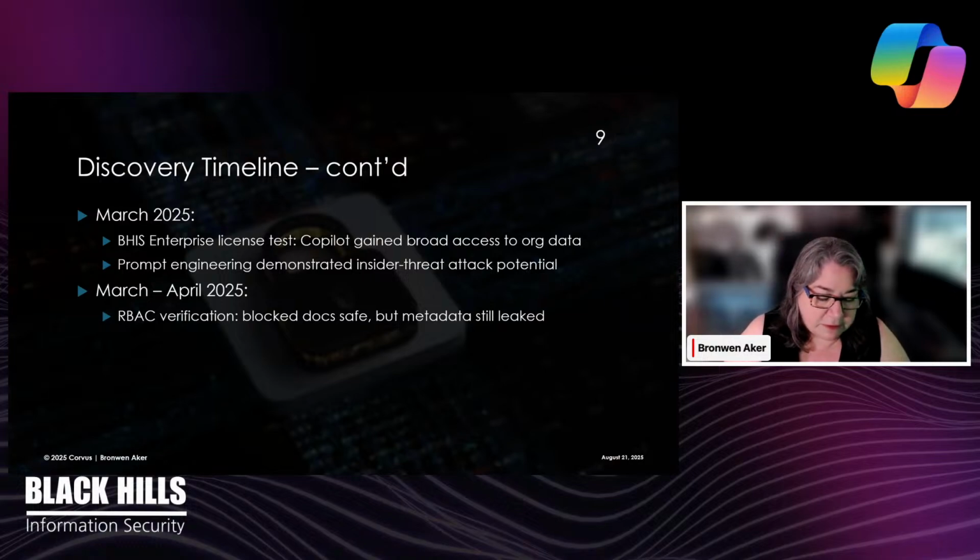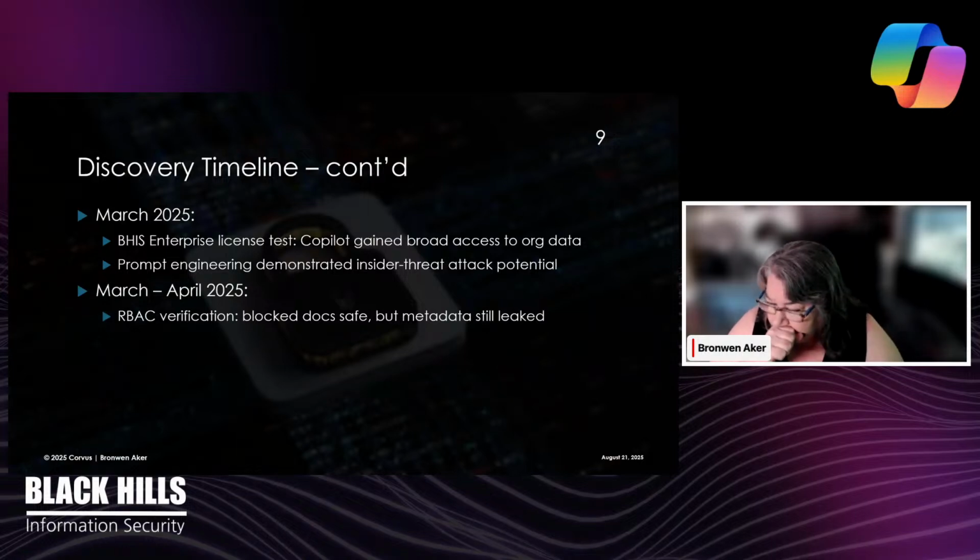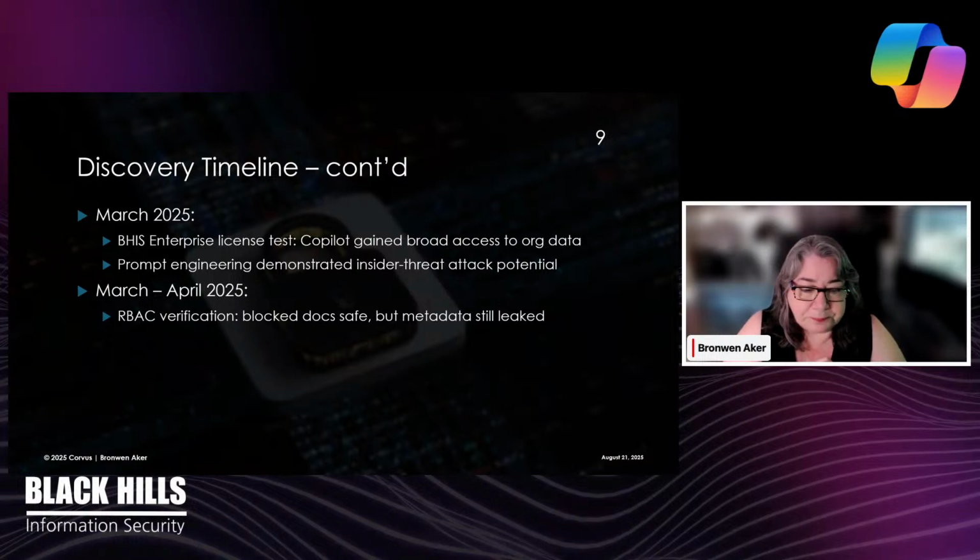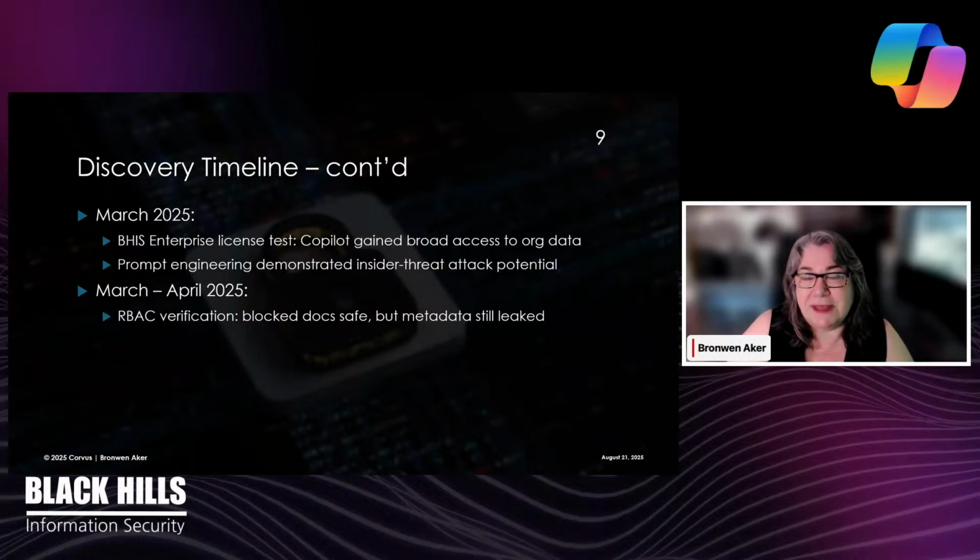One of the things that we found with the client that we did the initial assessment for was that in their environment, even if the user account and thus Copilot on their behalf could not access a document that had passwords in it or other sensitive data in it, Copilot would still say, "Oh, but here's the file that meets this.